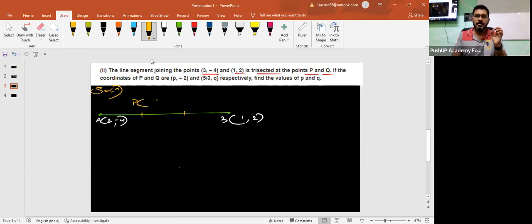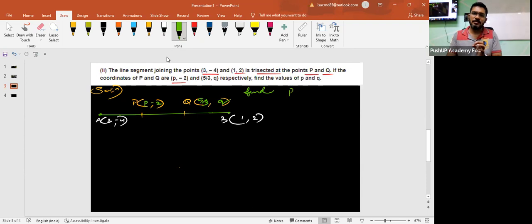So let me assume point P over here and point Q over here. Okay. What are the coordinates of point P? They have given you. It is p, -2. I'll write it here. p, -2. What are the coordinates of point Q? It is 5/3, q. All right. Now the only question is to find what are the values of p as well as q.